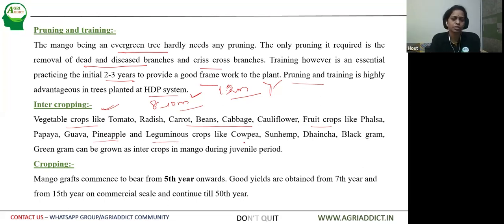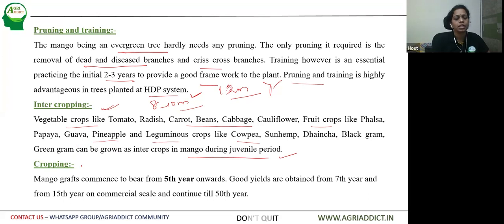Leguminous crops like cowpea, arhar, daincha, black gram and green gram are mostly used for intercultivation during the juvenile period, less than 5 years. When the trees start commercial production after 5 or 6 years, they are stopped.